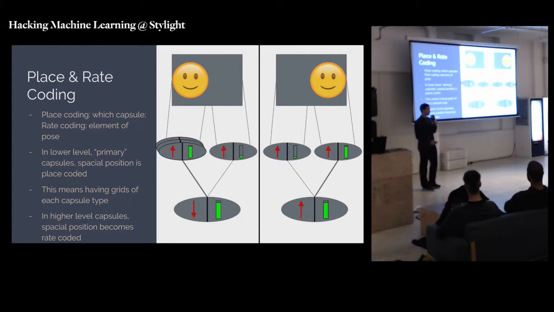That leaves you with how you actually encode information for where something is in space, and there are 2 ways to do this. Place coding is when, if an object or a feature moves in space, a different capsule in the grid activates. So this would be encoding the position using place. Whereas with rate coding, if this movement happens, the same capsule will activate, but the orientation of its pose will be different. And I hope that's somewhat apparent.